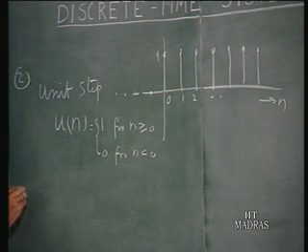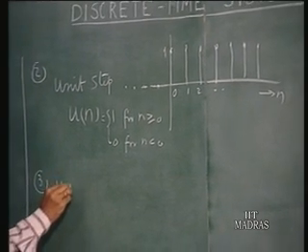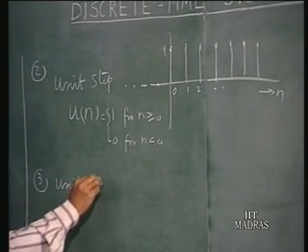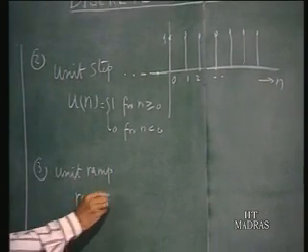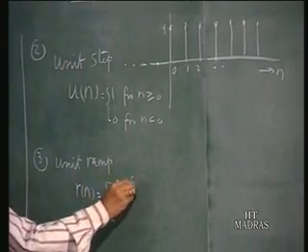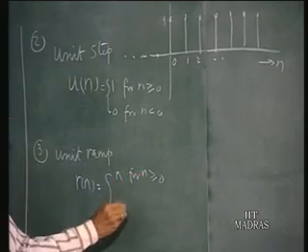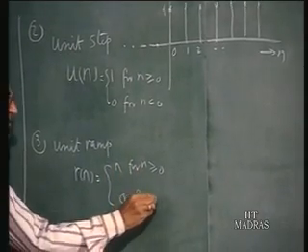Now similarly, you can have a unit ramp. It is symbolized as r n equals n for n greater than or equal to 0, 0 for negative values of n.